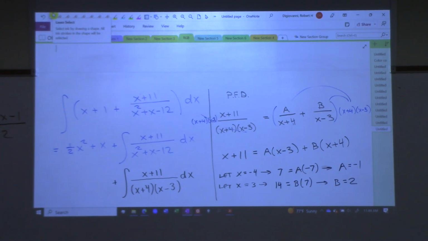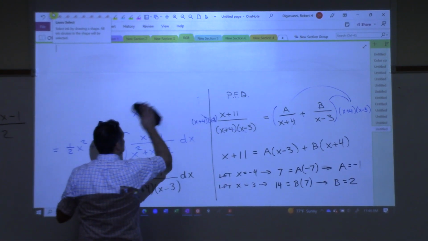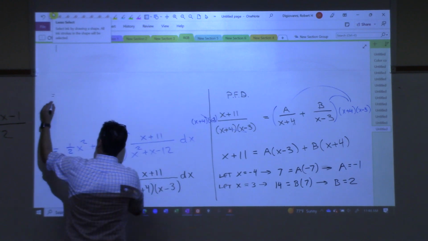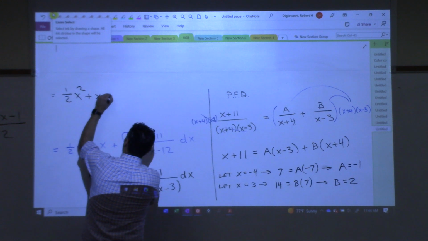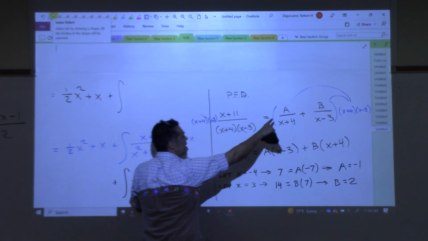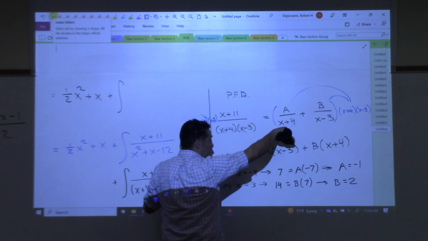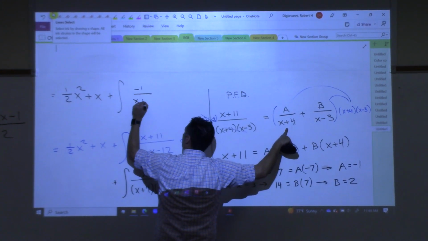All right, we're almost there. This integral now, right, this one right here, let me just write my answer so far. I have equals, I had the 1/2 x squared, don't forget we had this from before, plus x, plus we need to do the integral. This has all broken down to be a over that. A was -1. So we have -1 over x plus 4.